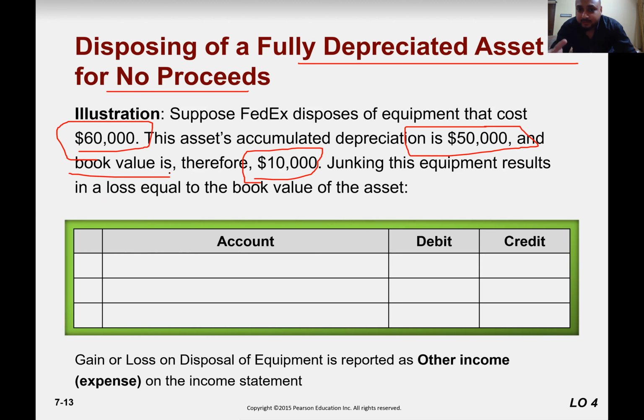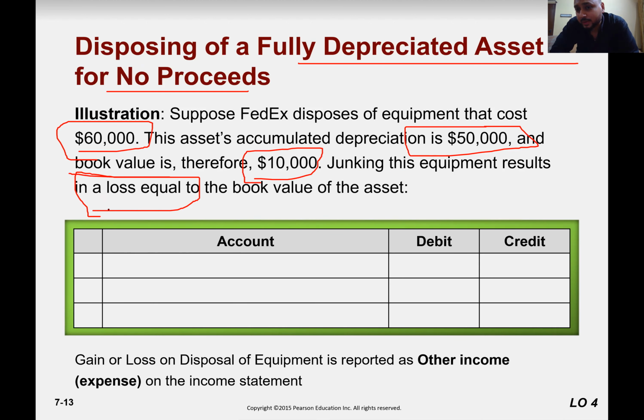Now, if you want to junk it or dispose of it, the result will be a loss, because we could still utilize this asset worth 10,000, but now this asset is worthless according to our books. Still 10,000 value is there, but it is worthless.